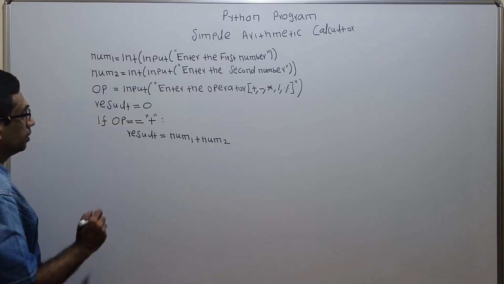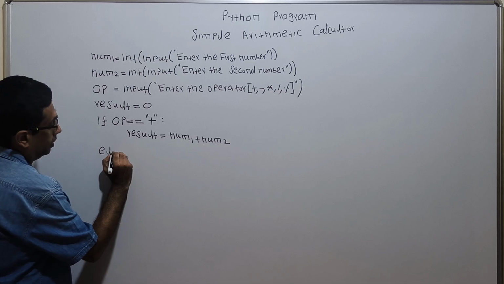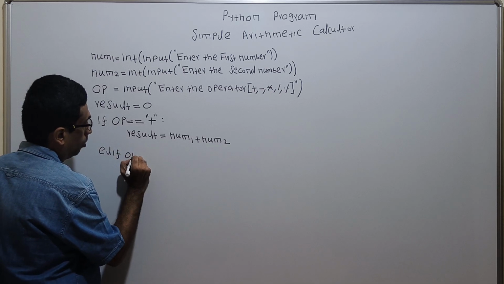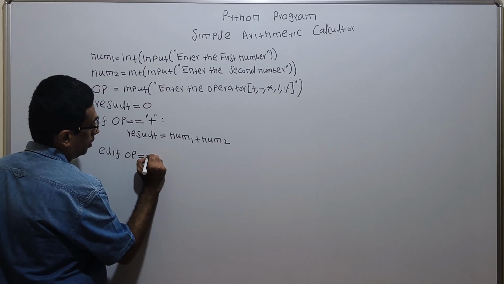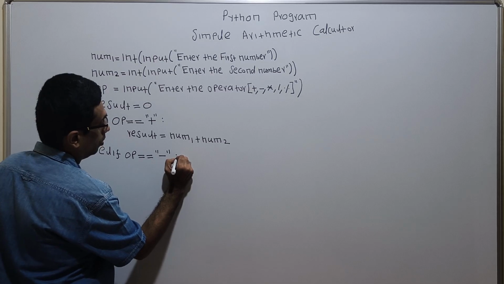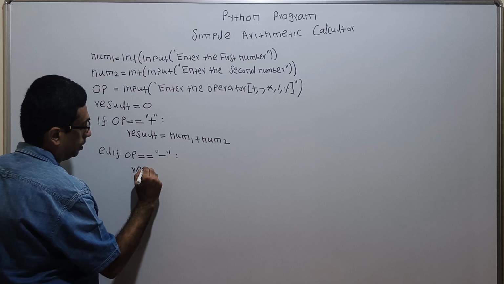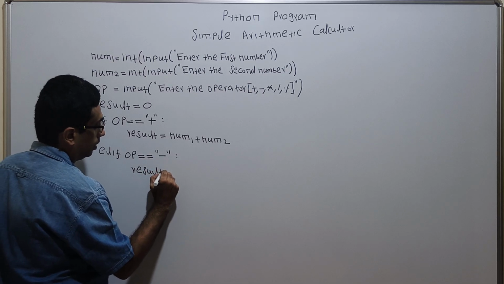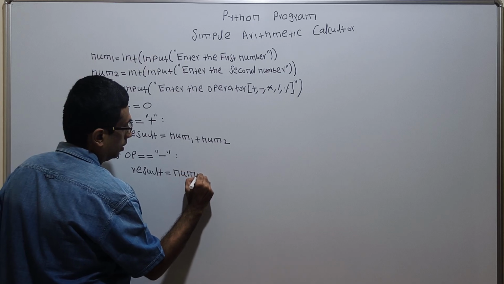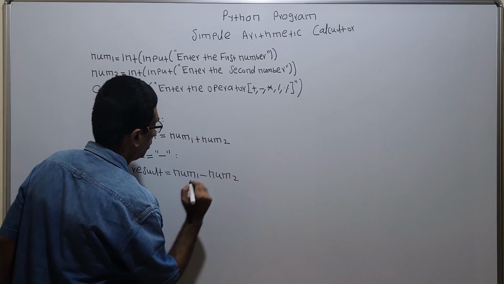If this condition is false, I am writing another one: elif op == '-': colon. I am performing result = num1 - num2.